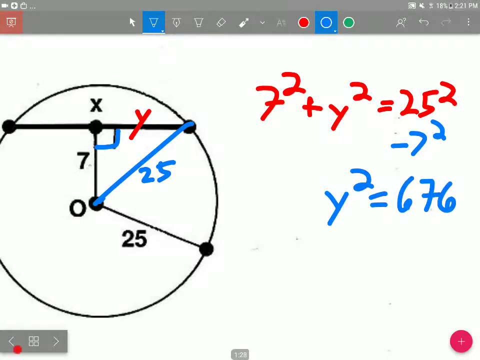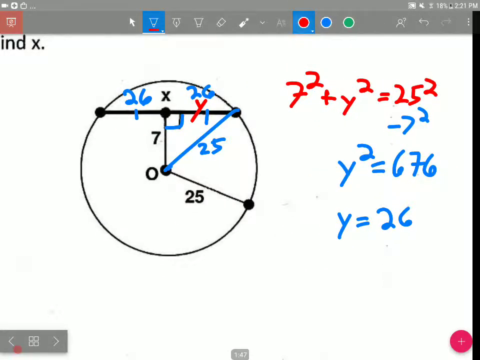And if that comes out nice and pretty, I don't know. Holy cow, that's 24 squared. So y equals 24. I switched to blue. That means this is 24 and this is 24. Yay! Therefore, x must equal 48.